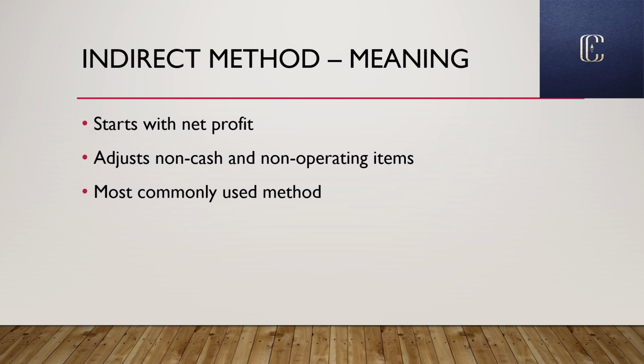So it becomes convenient to use the same figure and convert profit into cash. For example, net profit of rupees 1 lakh. Now we ask, is it equal to cash? Answer is very simple, no. So we adjust it to convert that profit into cash.